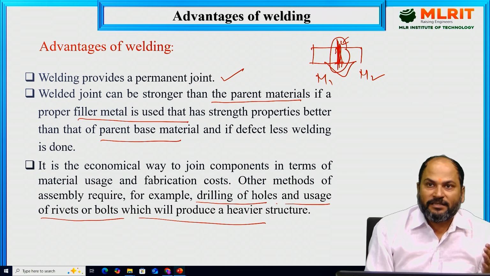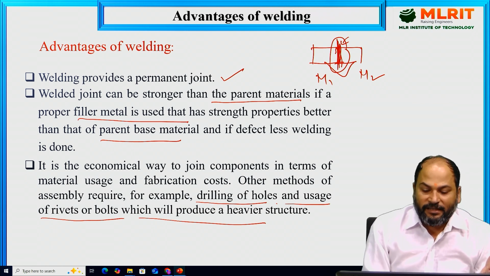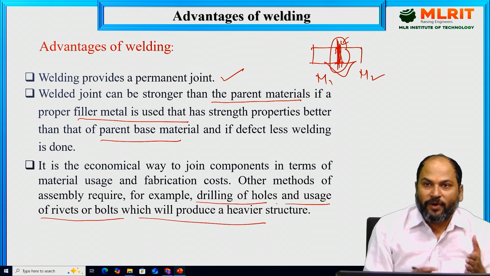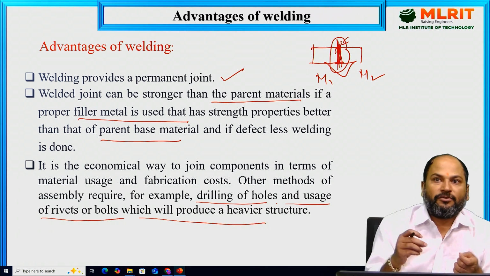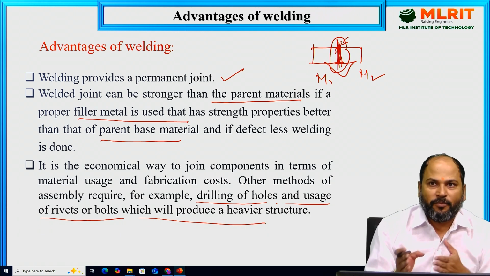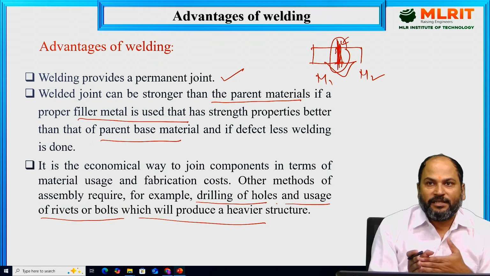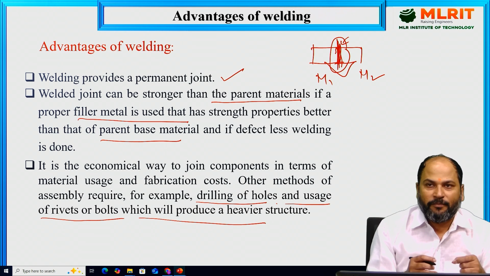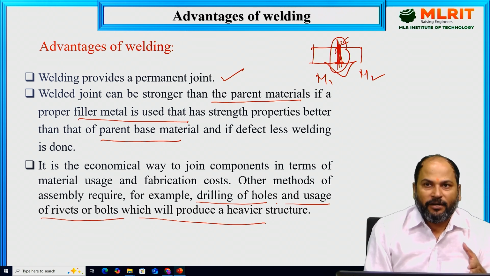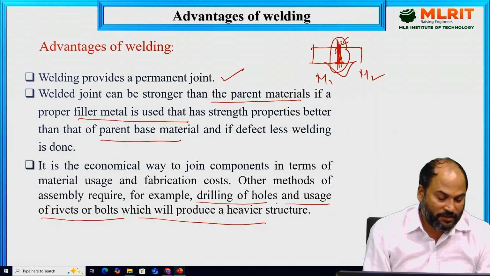What are these? First, it is actually permanent joining. The second is the joint part: if everything is kept properly and all the parameters followed properly, then generally the strength of the part where we have joined is more as compared to the parent metal. And the last one is that it is generally economical if we compare with the other processes.